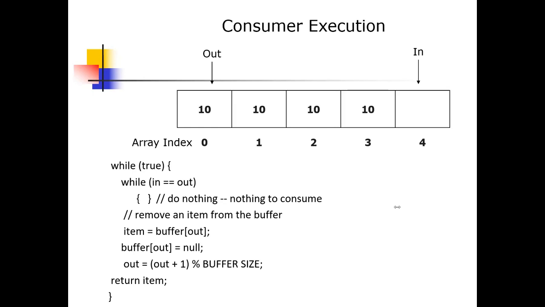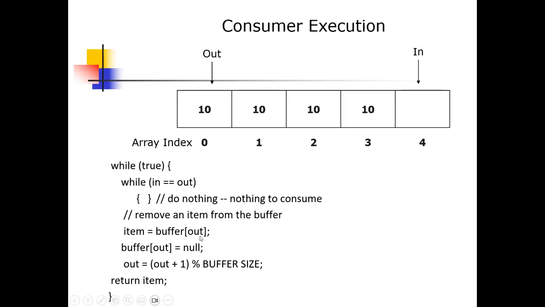Right. So here we check while in equals out. Now what is the value of in? In is 4, out is 0. Is in equals out? What is the condition? False. Right. So then this will exit the loop.